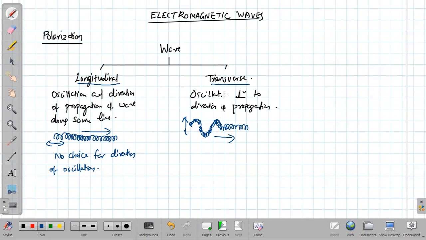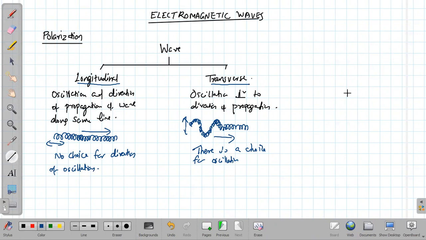Now, in the case of transverse wave, there is a choice for oscillation, because this oscillation can be along a different direction also. It need not be along this kind of vertical direction. It can be some other direction as well.